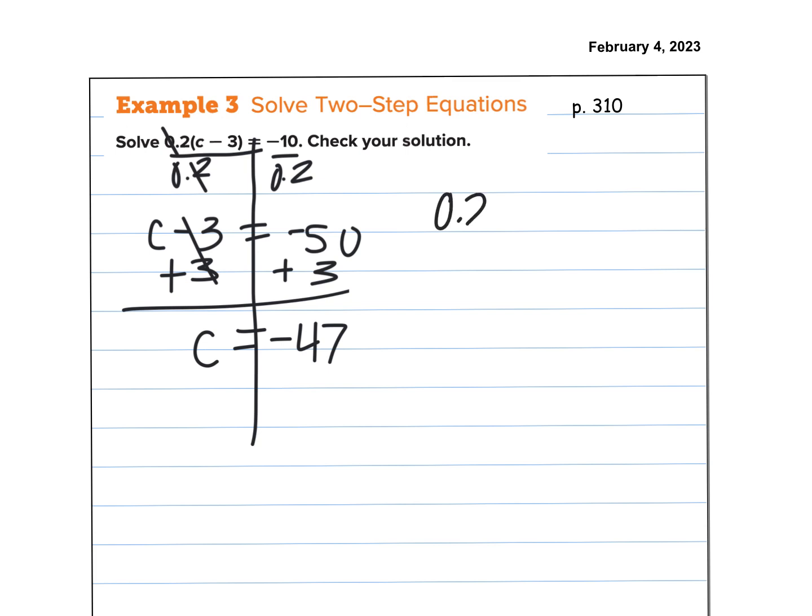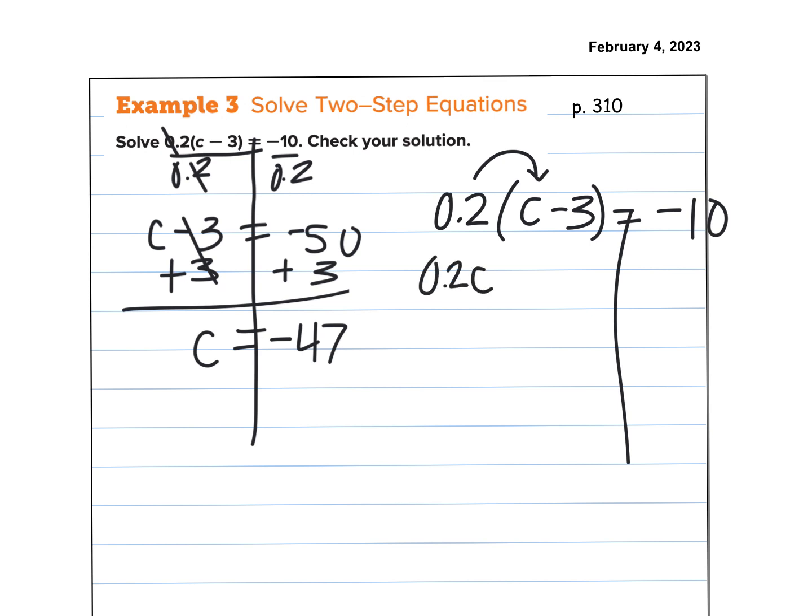The second way to do it, I could do the same equation. Okay, I'm just writing it out again. And you can distribute, for those of you that like to distribute. So 0.2 times c is 0.2c. And then 0.2 times 3, you'll have to type that in, which I'm doing on my calculator, is negative 0.6, and then equals negative 10.